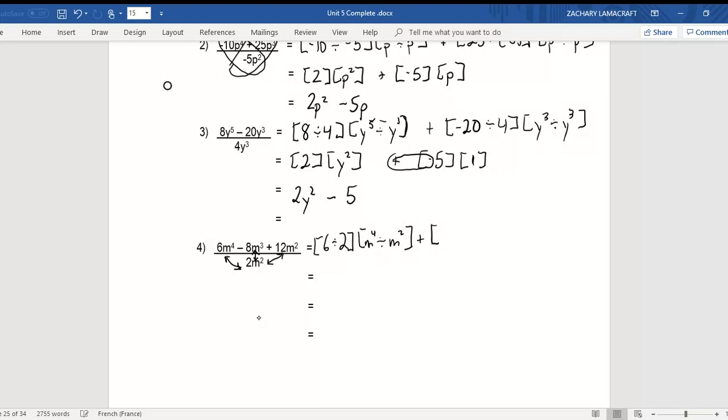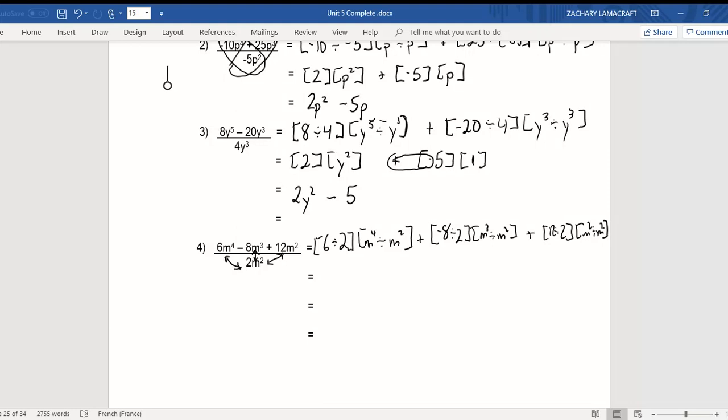Then we have negative 8 divided by 2, m to the 3 divided by m to the 2. Then our last bracket, 12 divided by 2, and m squared divided by m squared. Okay, sorry for the little chicken scratch at the end there, but it reads 12 divided by 2 and m squared divided by m squared.